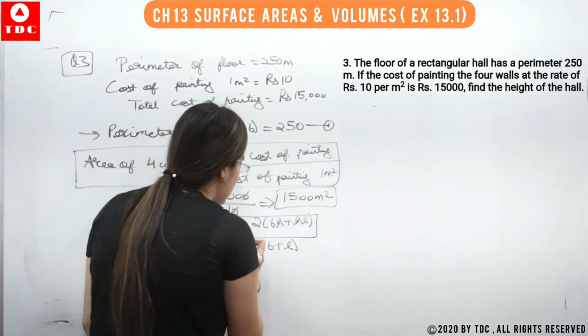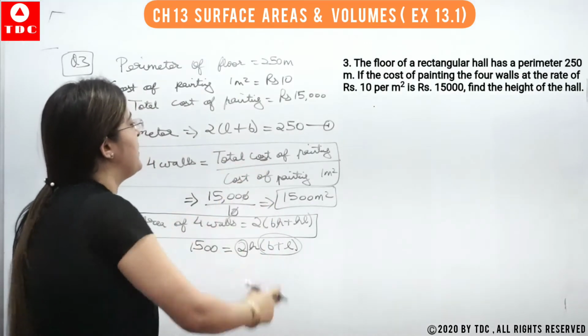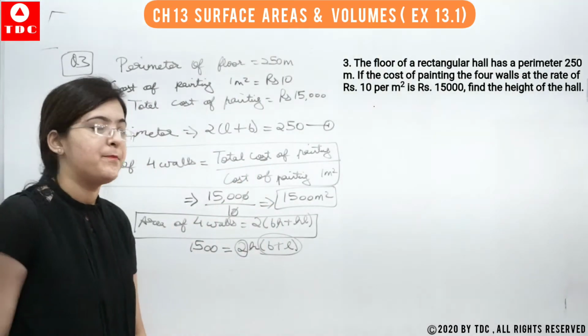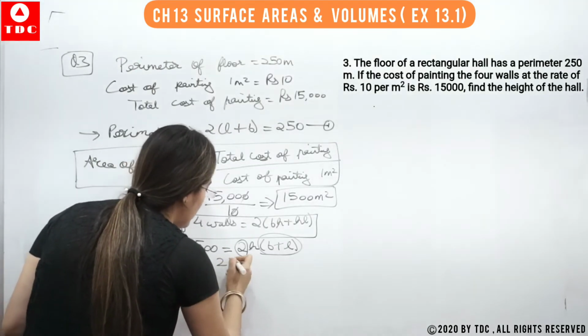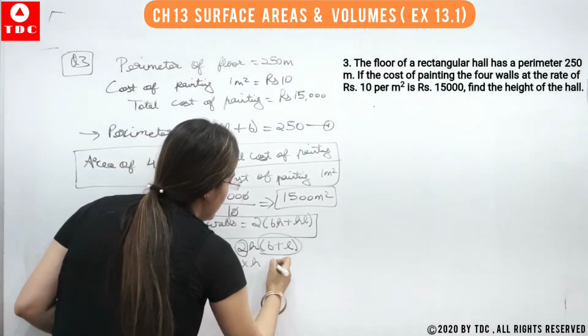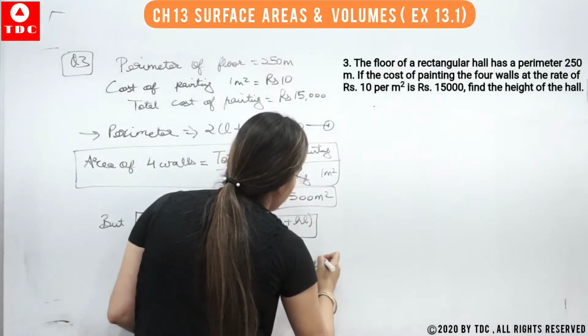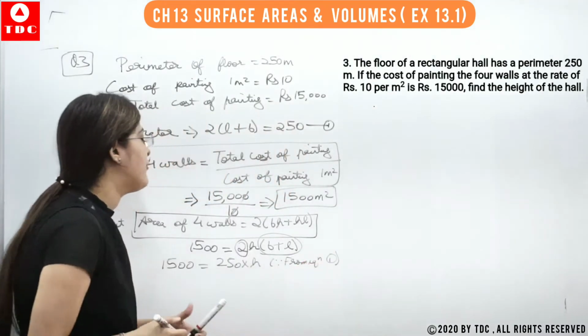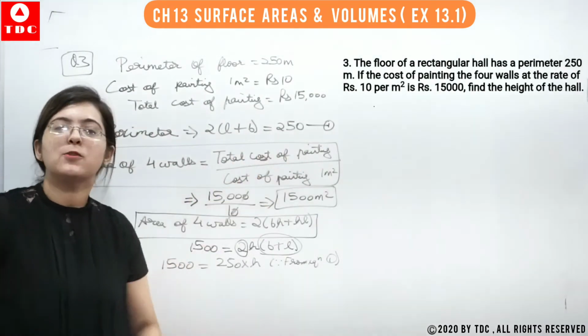Now students, the value of 2(L plus B), from equation 1, is 250. So what will we put? 250 into H. Why? Since from equation 1, the value of 2(L plus B) is 250.